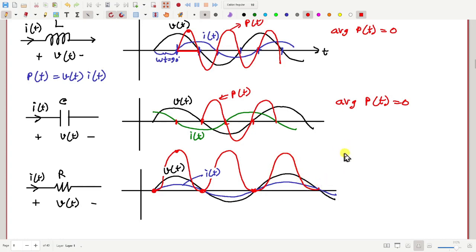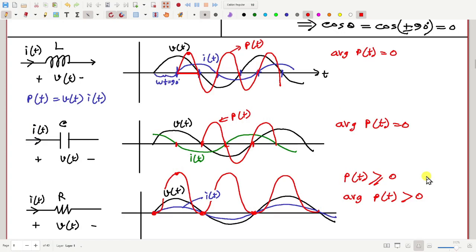Observe that here P(t) is always greater than or equal to 0 and average P(t) is also definitely greater than 0.